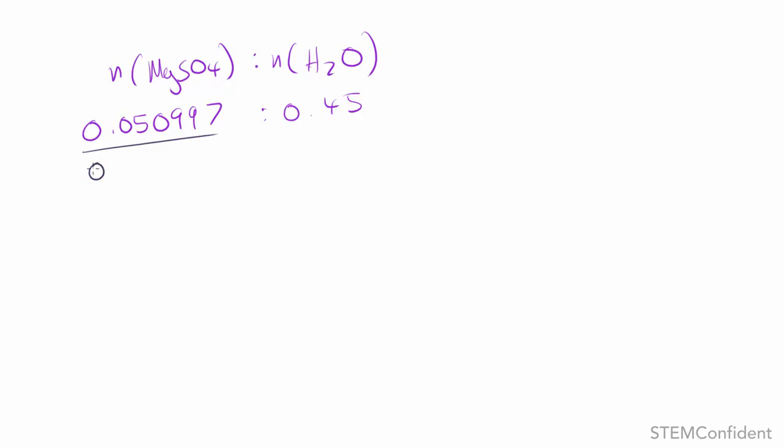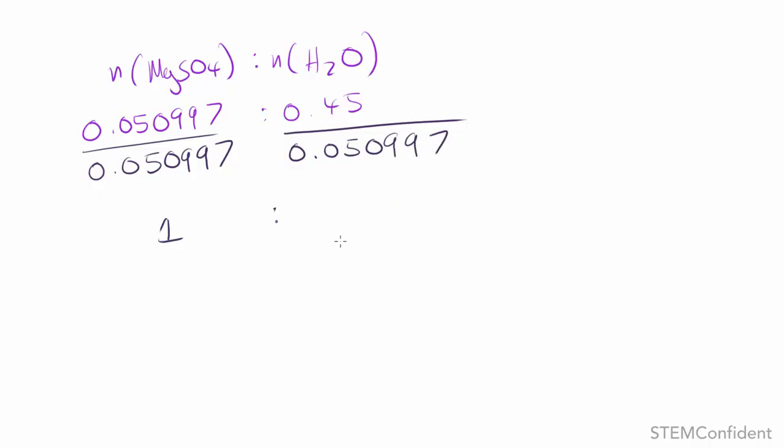So I'm going to divide by 0.050997, and that gives us 1, and we've got to divide the 0.45 by 0.050997 as well. And that is going to give us 8.8240.